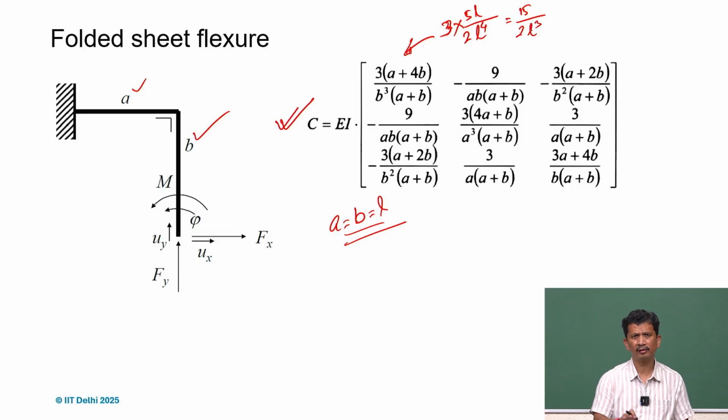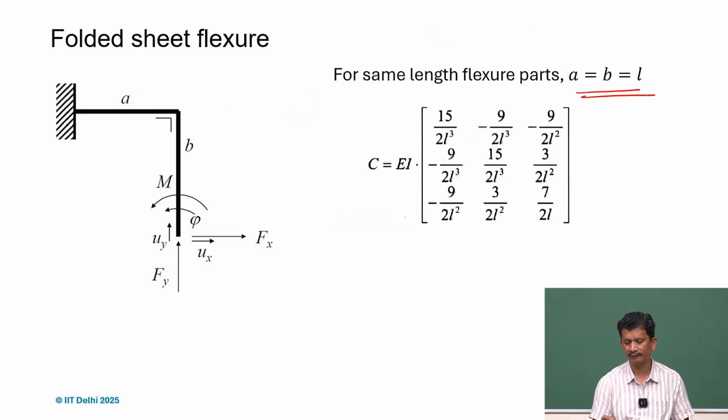Similarly, we can work with other elements, and what we find is that if A is equal to B, and generally we can say simply L, the same length, then this will be the stiffness matrix.